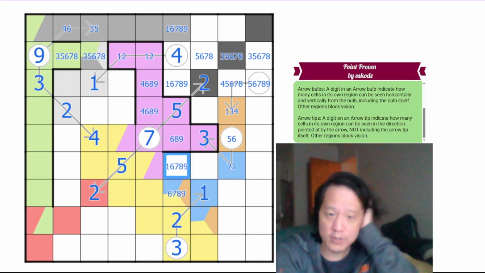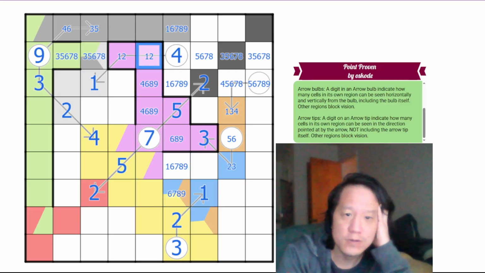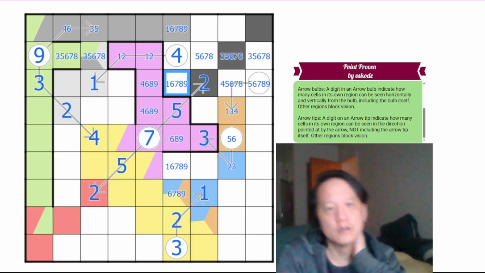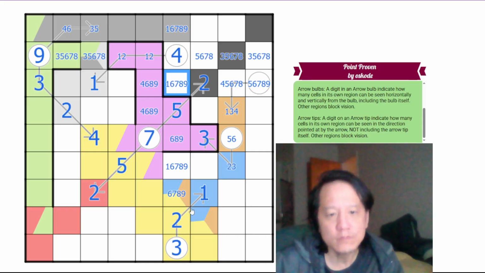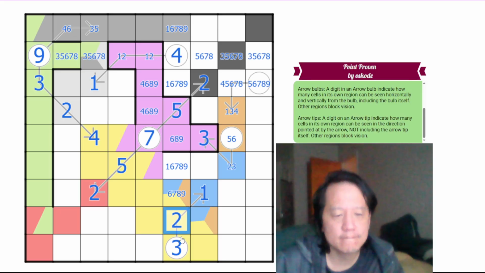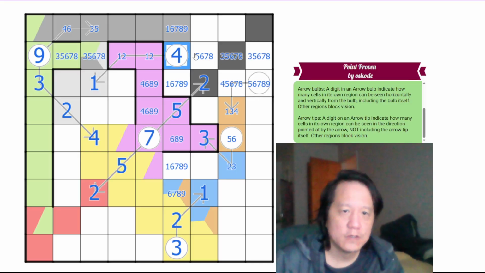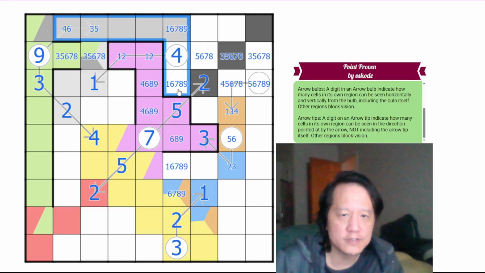One can't be here because of 1 in the row. This is 4. If we try to make it medium gray, we could have 1, 2, 3, 4, 5, 6, 7, 8.